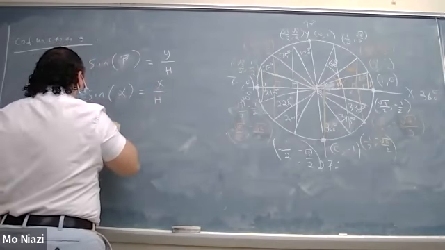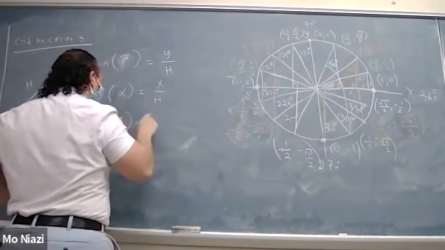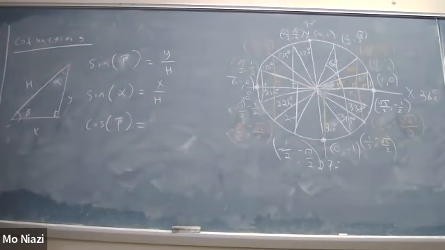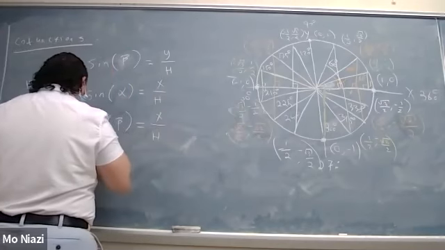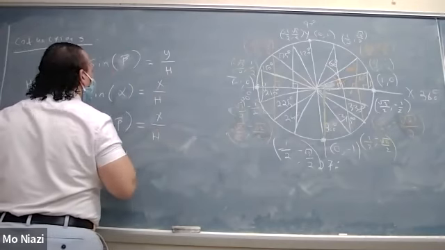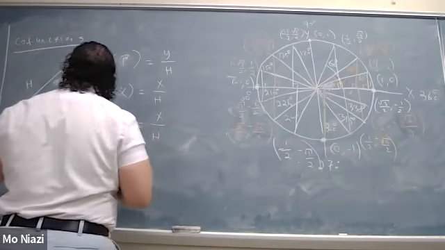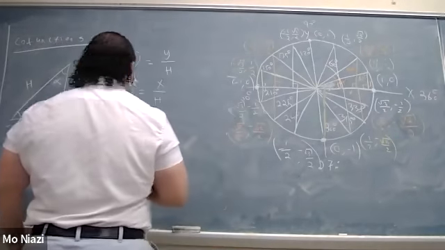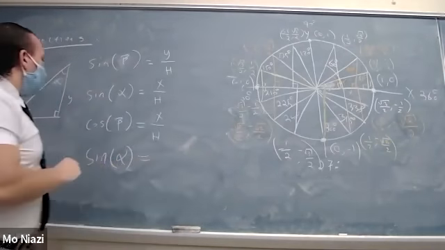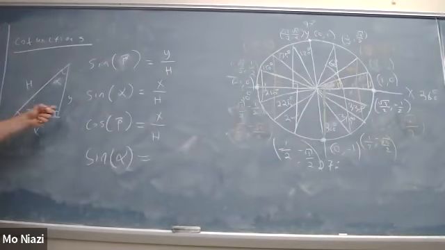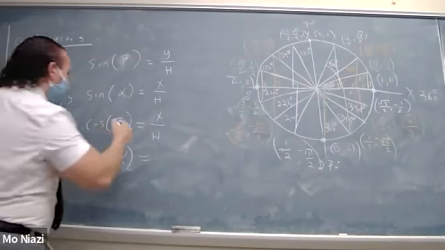What is the cosine of beta? Sine of beta, opposite over hypotenuse.